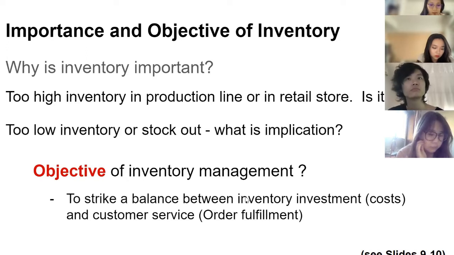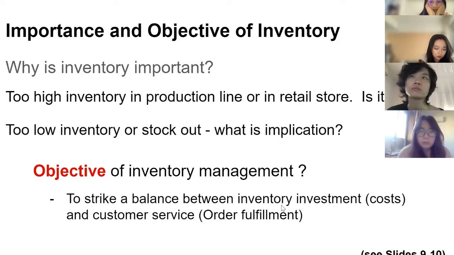You understand? So you want to actually make sure that you try to fulfill orders. That means you can make the products and you deliver to the customers. At the same time, you do not want to spend too much money investing in inventory, because inventory investment is an asset to the organization, but it is also an unproductive cost.